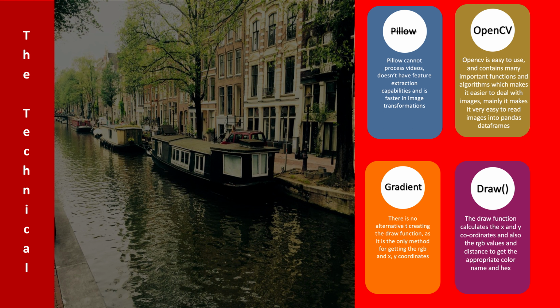OpenCV is simply open computer vision. It is an open source library which is mainly used for image classification, object classification, and the draw function is a custom function that we ourselves will create, which will calculate the x and y coordinates and RGB values.